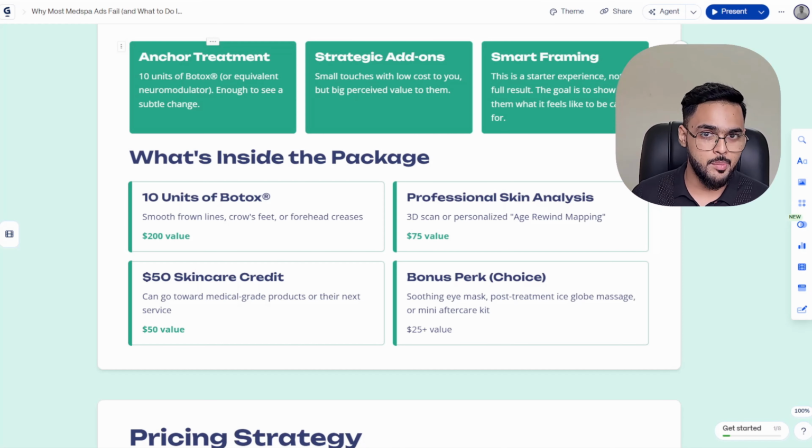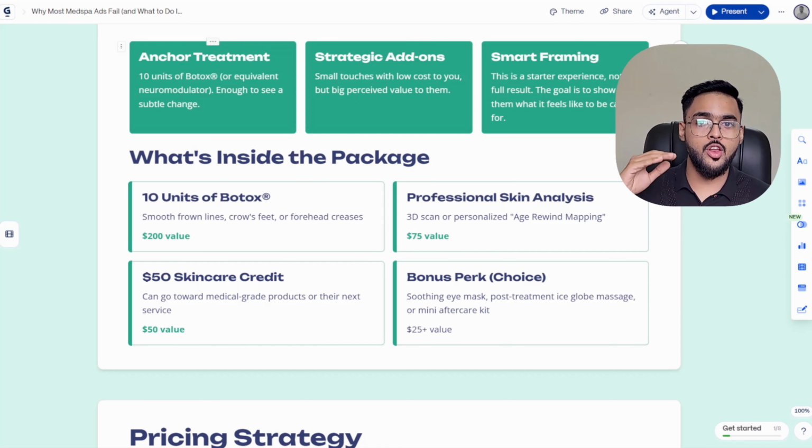Something like a B12 shot, a soothing eye mask, an ice globe massage, you get the gist. So what we do is we combine these things and show the total value. The total value here would be 250, plus 75 would be 325, and another $25. The total value of this package would be $350.